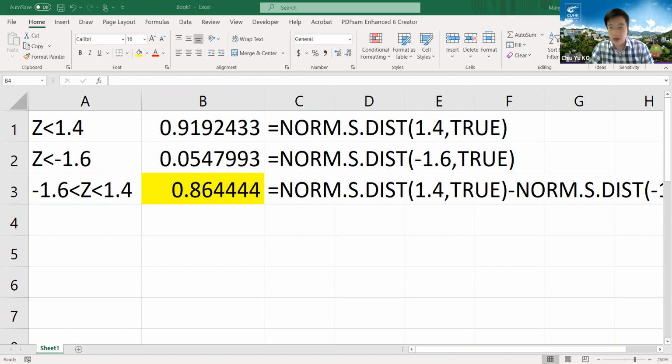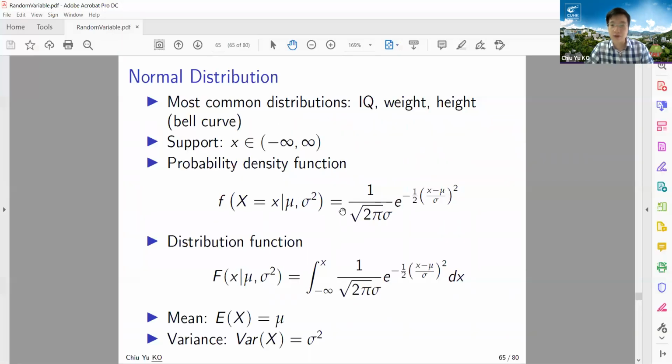For your purpose it is always true, because you are calculating probability for a range. That's why in the Google spreadsheet, they don't even have an option for false. It's always true. What makes it false? You want to calculate the height of the probability density function. It's not very useful unless you really want to calculate that thing.